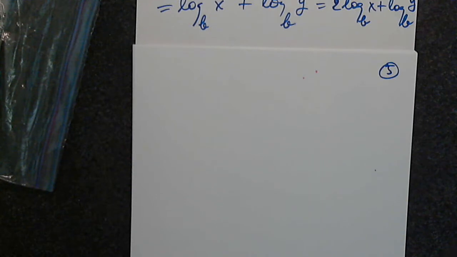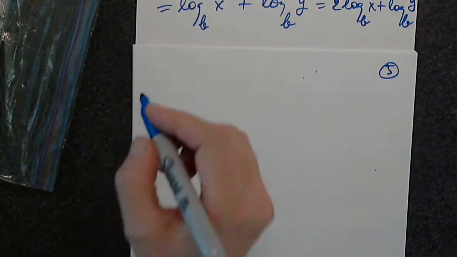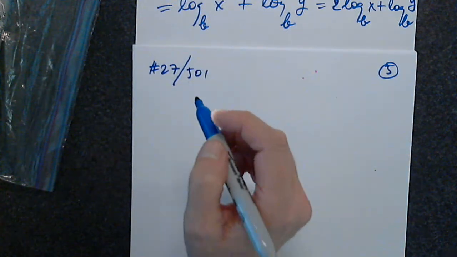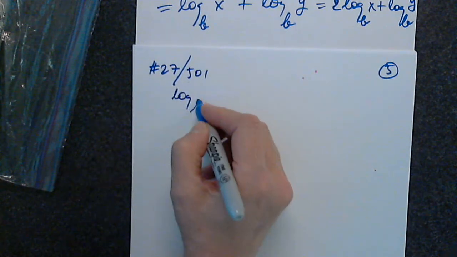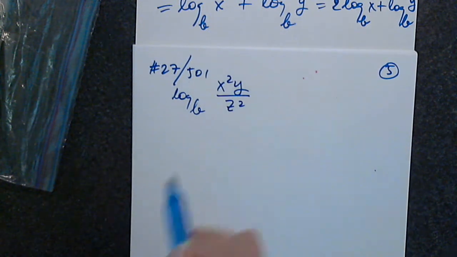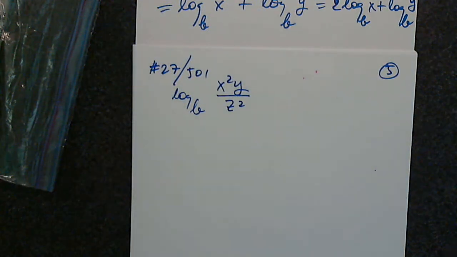Okay, so I'm going to move on now to 27. If you have your book and you want to choose, please do so. So log base b of x squared y divided by z squared. Okay, we have to try to understand the following.